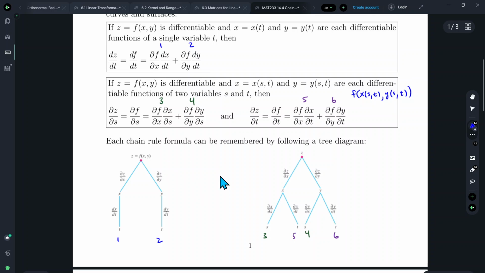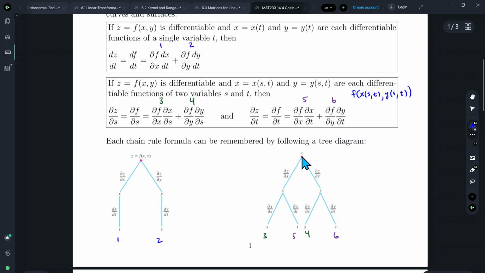And then similarly for this diagram here. So ultimately f is a function of s and t. So it makes sense to ask, okay, how do I differentiate f with respect to s, or separately f with respect to t? So once you construct the whole diagram, to get df ds, you follow along all branches that start from z and end up at s.